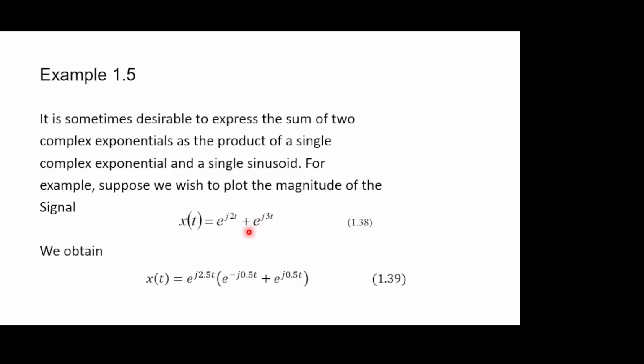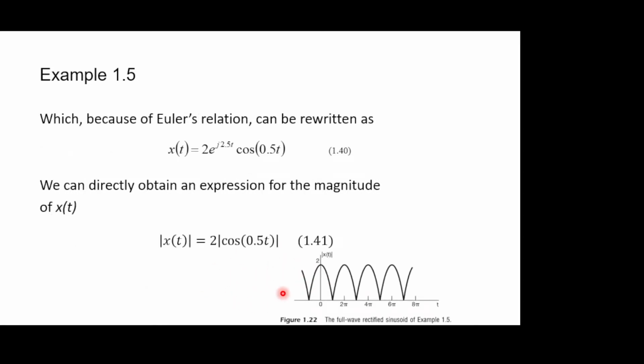So you have e to the j2t, e to the j3t. Then we can take out the e to the j2.5t part. Then this becomes minus 0.5 and plus 0.5 here. Then we can apply the reverse Euler here, and we see this is cosine 0.5t.